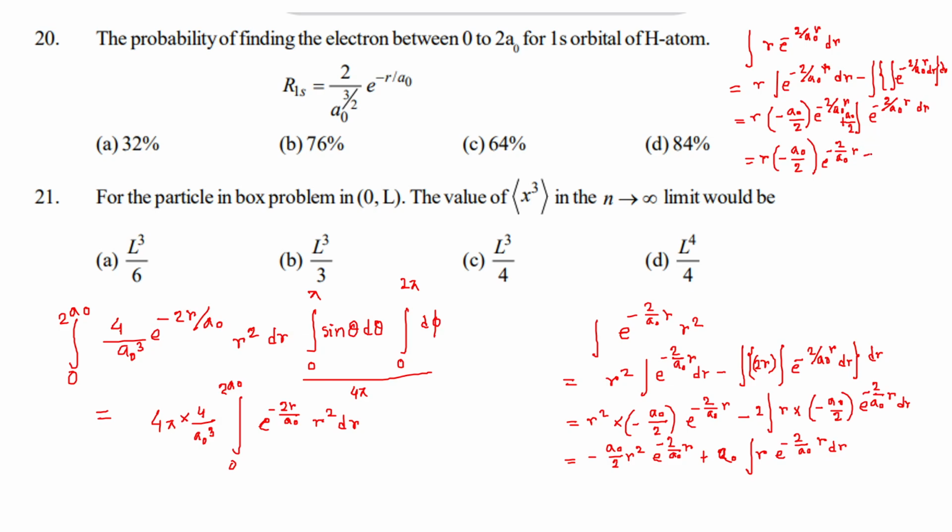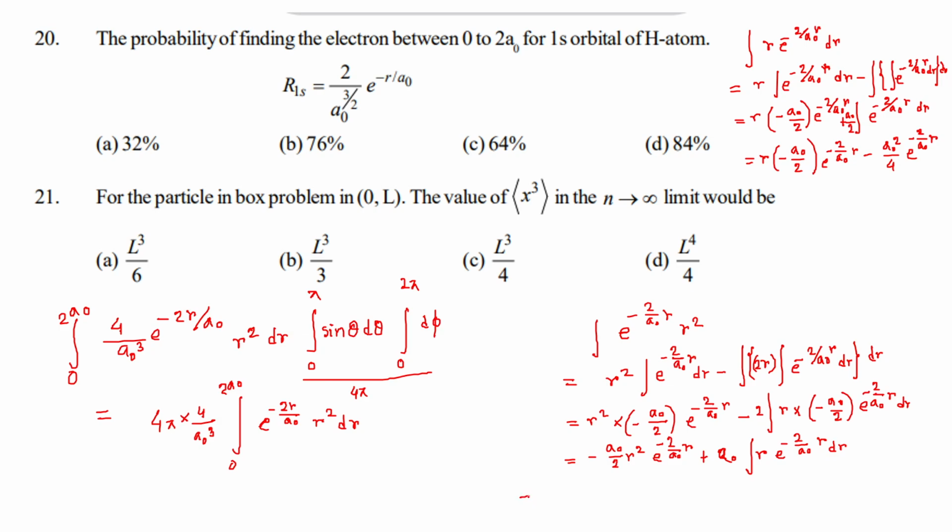That we can do. It will come to be r square by 4, right? This term. So minus a0 by 2 will again come, so that will multiply with this, right? So a0 by 4, e to the power minus 2 by a0. I hope I'm doing it correctly.